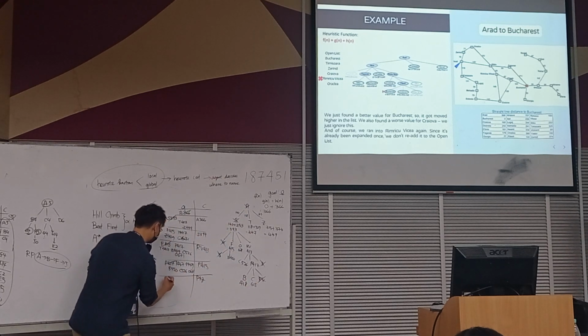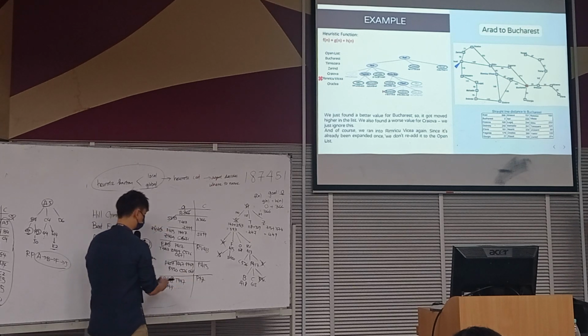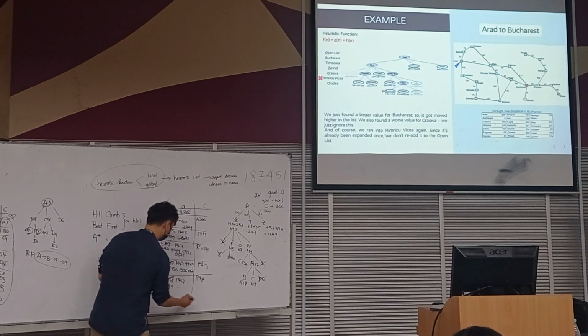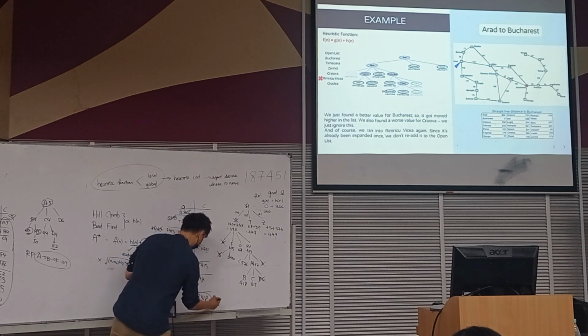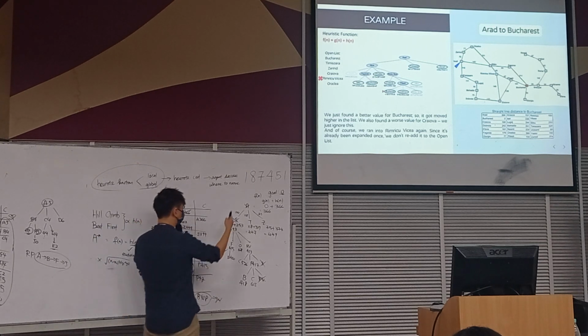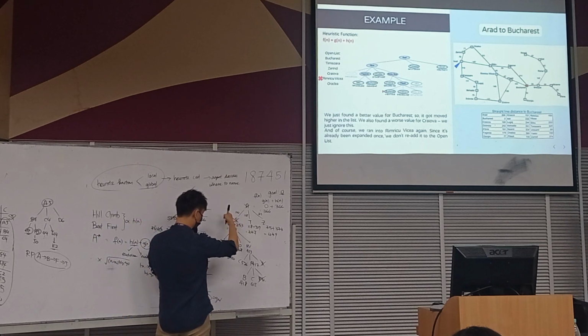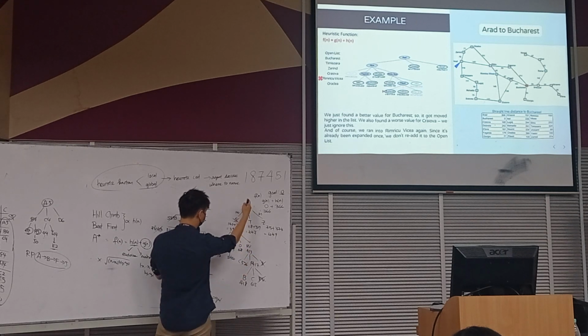So add inside here: B 418, T 447, Z 449, and so forth. Finally, expand B. So this is our goal. So we stop here. The travel path will be from Arad to Sibiu, Sibiu to Rimnicu Vilcea, Rimnicu Vilcea to Pitesti, and also Bucharest. So that is our return path.